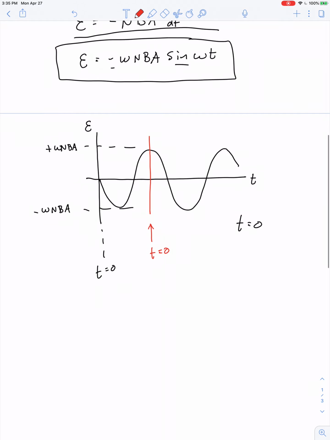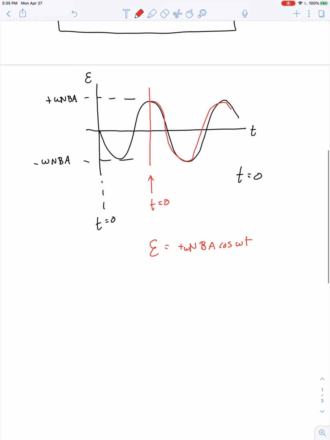Then we'd get a graph that says the EMF is equal to positive omega NBA cosine omega t, right? Because from here on, this just looks like a graph of cosine.